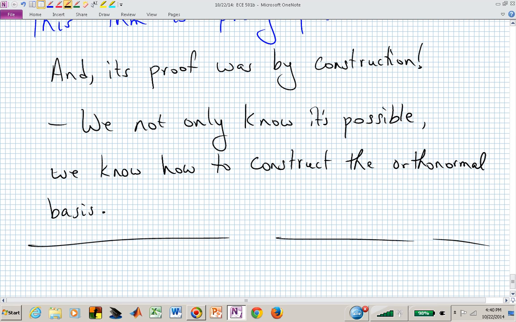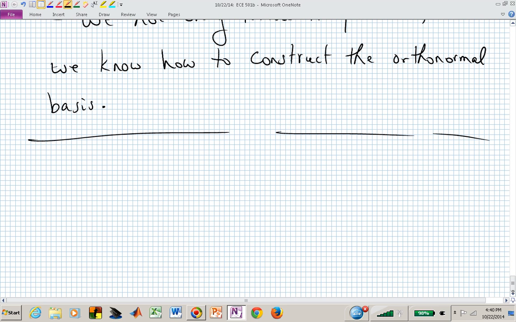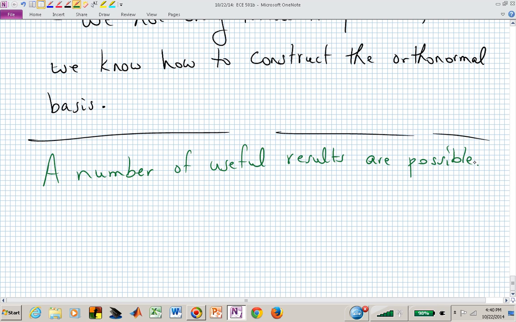Since we're dealing with a finite dimensional space, eventually that's going to terminate, and we're going to have our full number of vectors that we need to form a basis. We can now pull from that some nice corollaries, a number of useful results are possible.